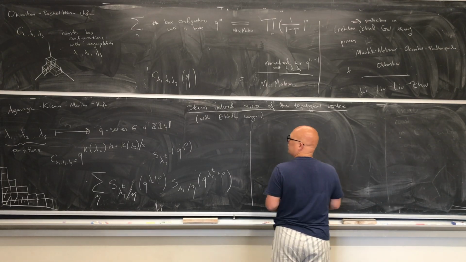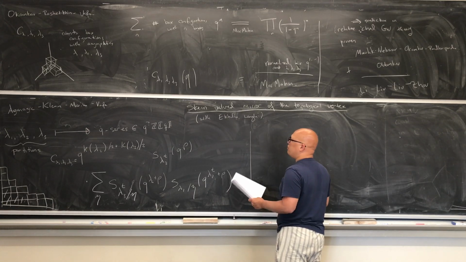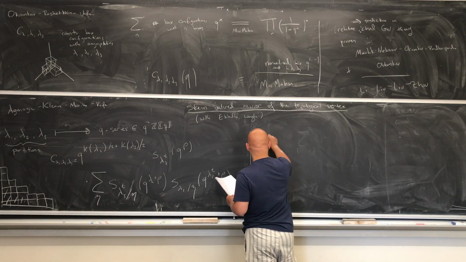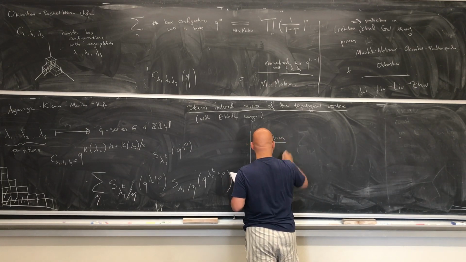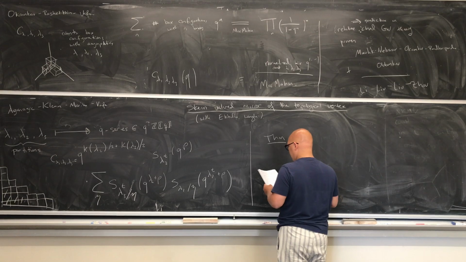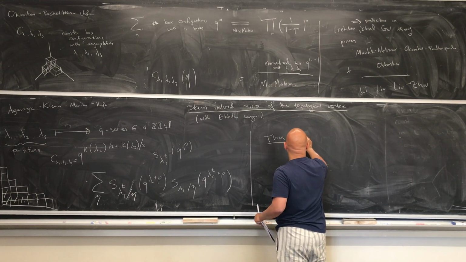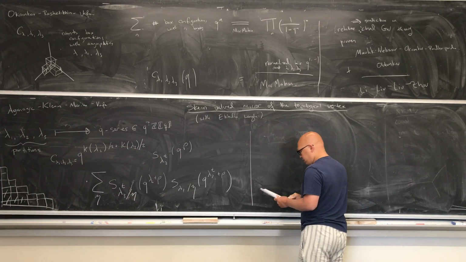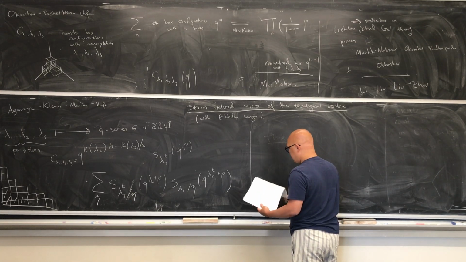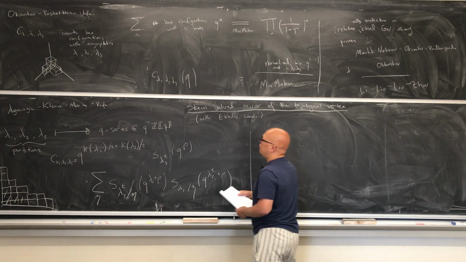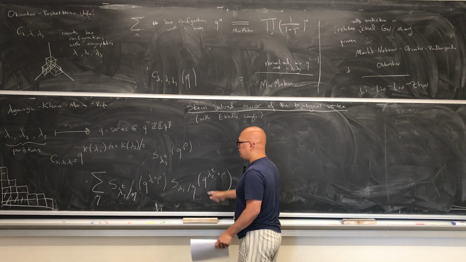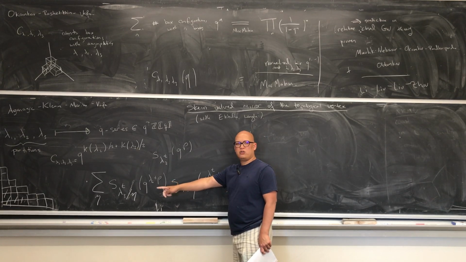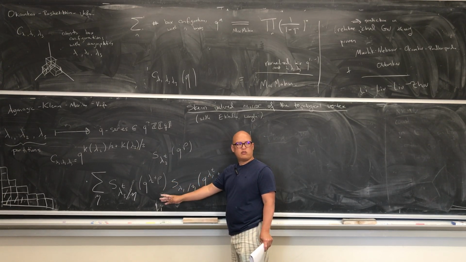Before I get to the geometry, let me state a purely combinatorial result, which may also be new. So the theorem. Before the theorem, I should have said something else about this formula, which is that it is not obviously symmetric between lambda 1, lambda 2, lambda 3. They play different roles.